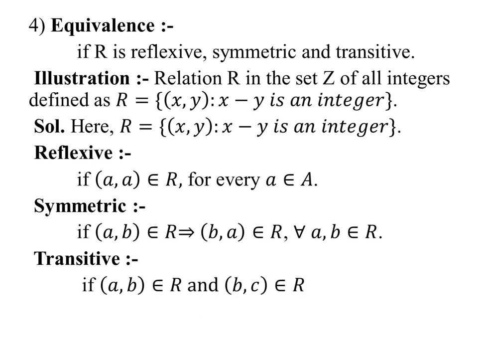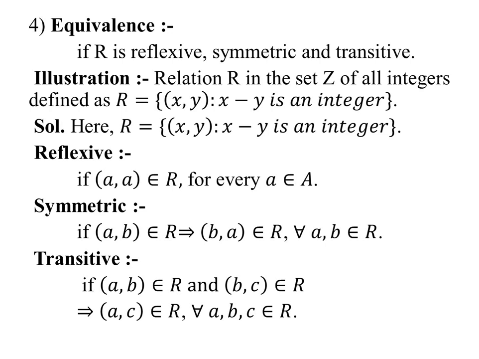Transitive relation: if (a, b) belongs to R and (b, c) belongs to R, then (a, c) belongs to R. So here x minus y is an integer and y minus z is an integer. Then the sum is x minus y plus y minus z. So y cancels out, and therefore x minus z is an integer, because integer plus integer is an integer.